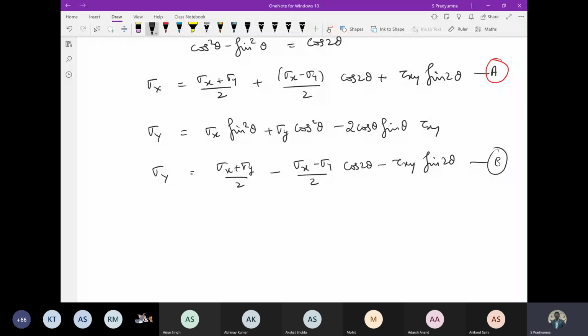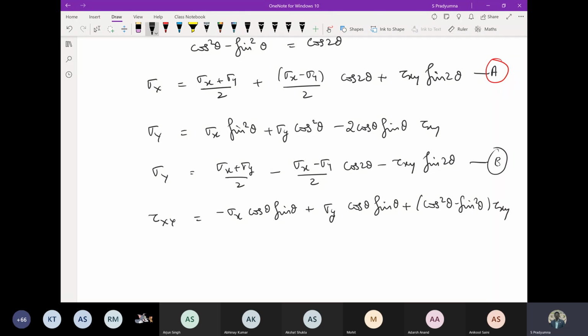Similarly, the last equation, tau capital XY, is minus sigma x cos theta sin theta plus sigma y cos theta sin theta, plus cos square theta minus sin square theta into tau xy.